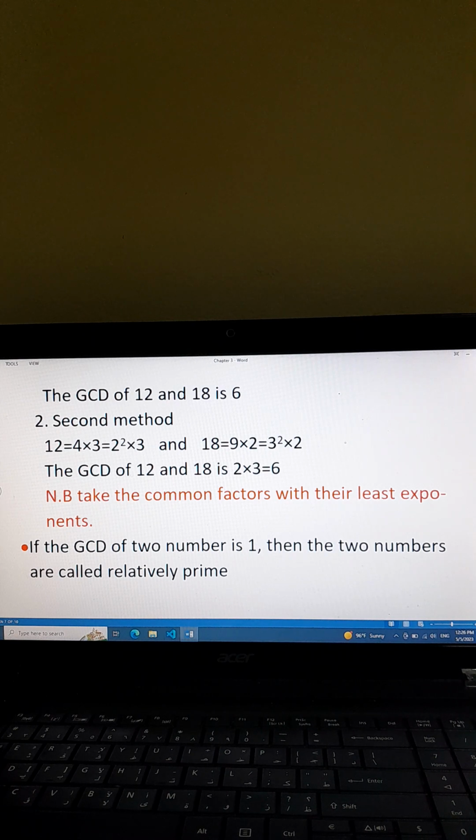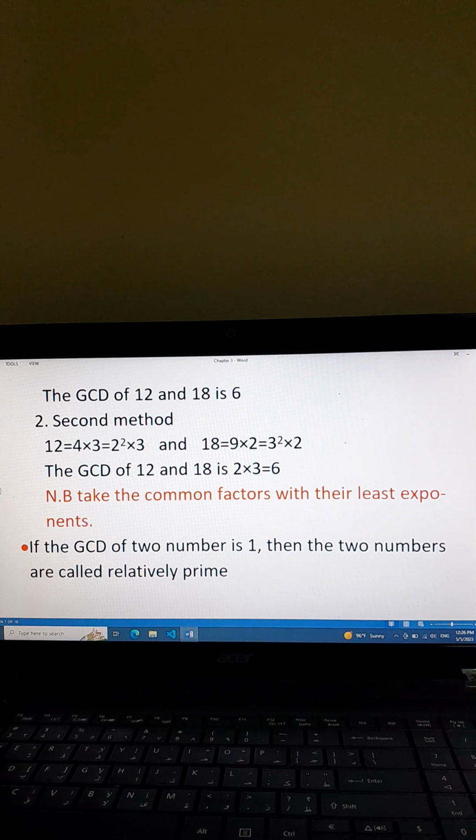Second method: I decompose 12 and 18 into prime factors. 12 is equal to 2 exponent 2 multiplied by 3, and 18 is equal to 9 multiplied by 2, which is 3 exponent 2 multiplied by 2.